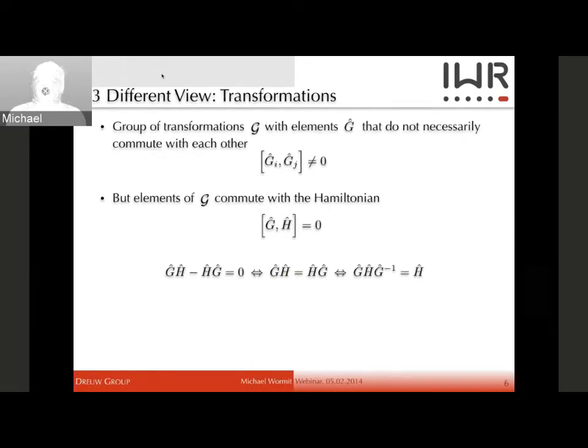I think it's 100 degrees. Oh yeah, with the mirror plane, which you also have in the boron 3 molecule. So that would be an example where elements don't commute.